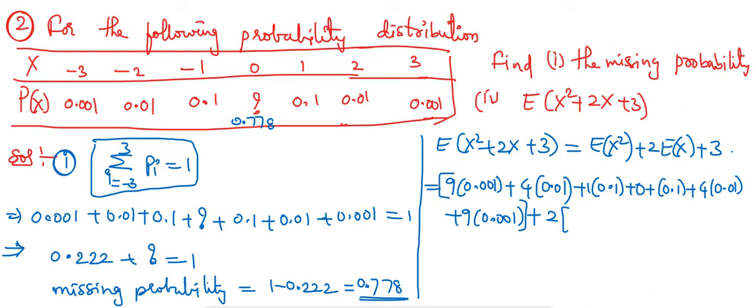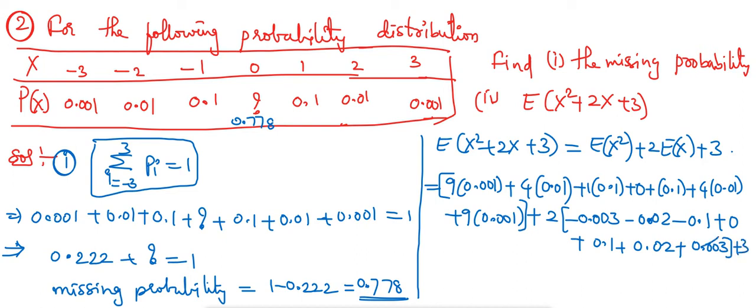plus 2 into expectation of x, that is a multiple: minus 3 into 0.001 is minus 0.003, minus 0.02, minus 0.1, plus 0 into something is 0, plus 0.1, plus 0.02, plus 0.003, plus 3. These all get cancelled.